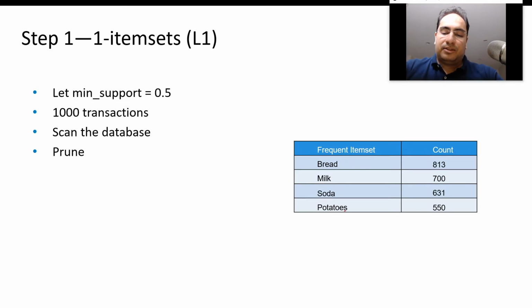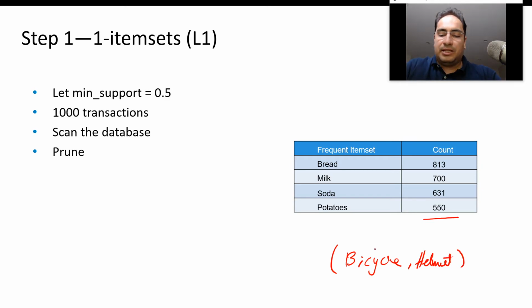If we have bread, milk, soda, and potatoes, which are frequent 1 item sets, then it's impossible to have bicycle and helmet as a frequent item set, because bicycle is not a frequent item set itself, and helmet is not a frequent item set as well. So it's impossible to have something like that.